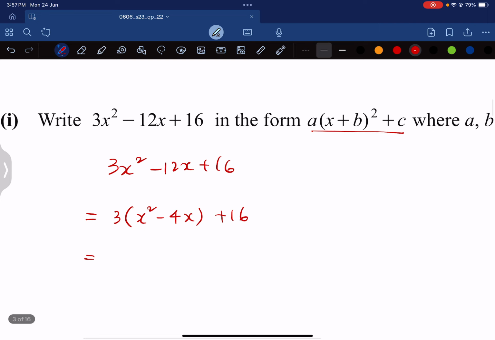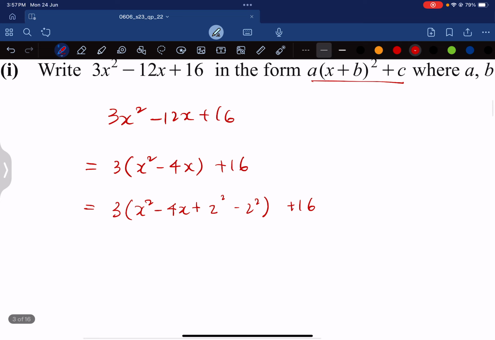And then to make this a complete square, we need to add the half of 4, which is 2, add the square of 2, and subtract it back, plus 16. Okay, so this will complete the square.